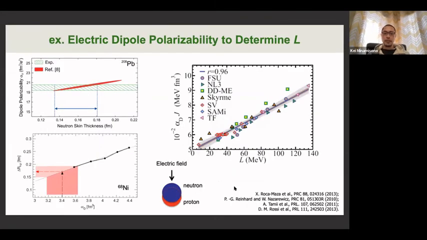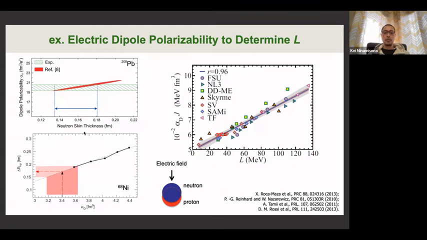Another example is the electric dipole polarizability. That's the response of essentially the protons inside a nucleus against the external electric field, Coulomb excitation experiment or something like that. And again, there is a density distribution, and this is where the equation of state kicks in. Basically, the L parameter works as the restoration force to pull the protons back to the original location. So there have been several measurements. This is a result of lead 208.